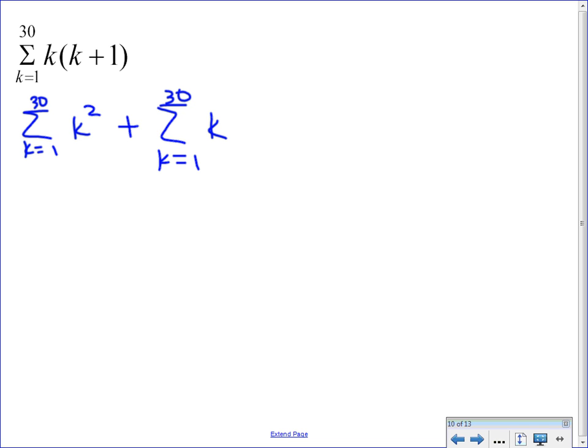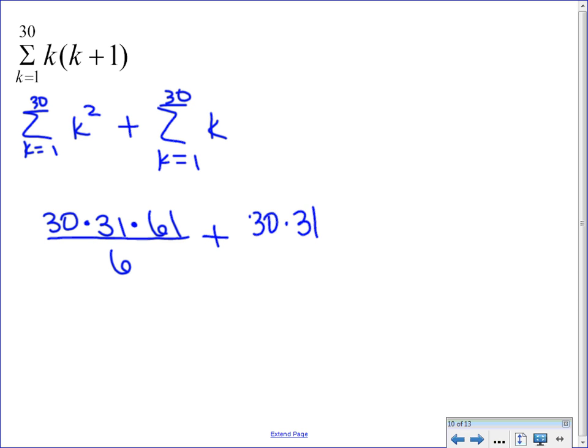Our squared shortcut is n times n plus 1 times 2n plus 1, with n as 6, divided by 6, plus our k shortcut, n times n plus 1 over 2. I'll let you use your calculator.